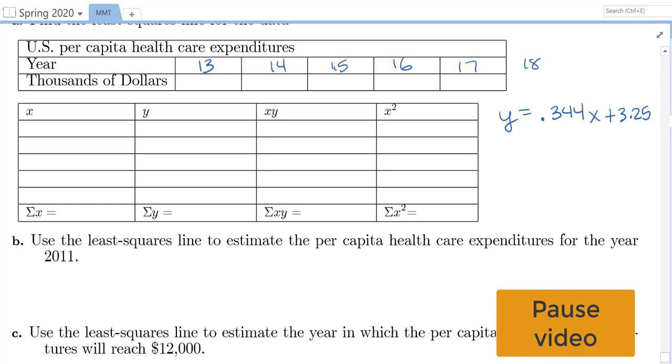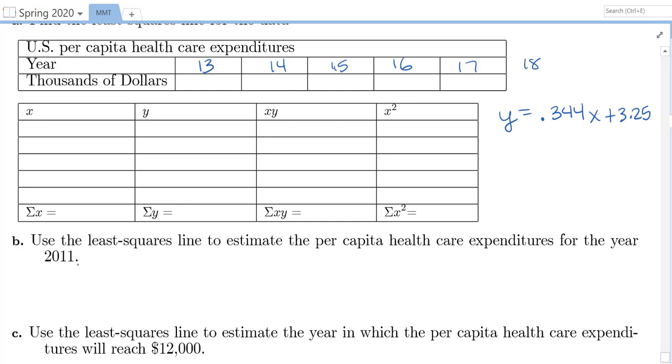So if we want to find out what the expenditures were in the year 2011, this is going to tell us that x is equal to 11. We can plug that into our formula. So we have y is equal to 0.344 times 11 plus 3.25, and you end up with 7.034.